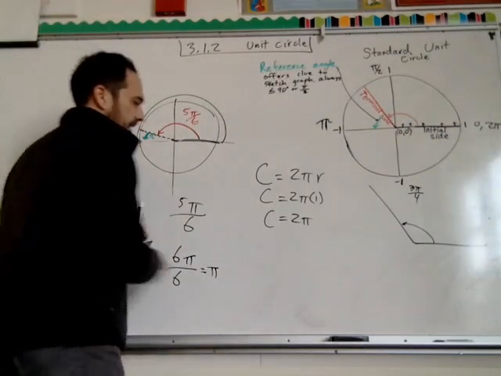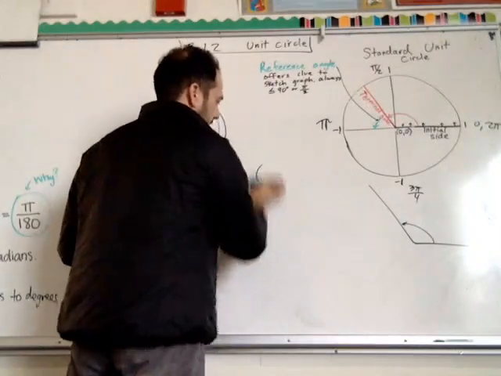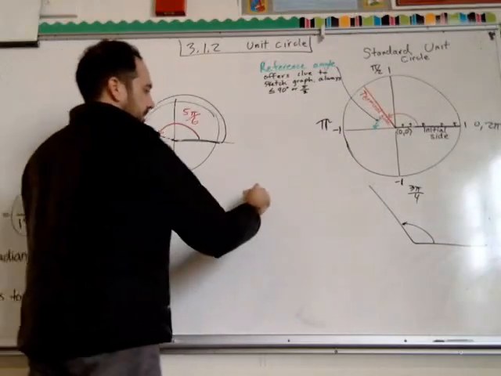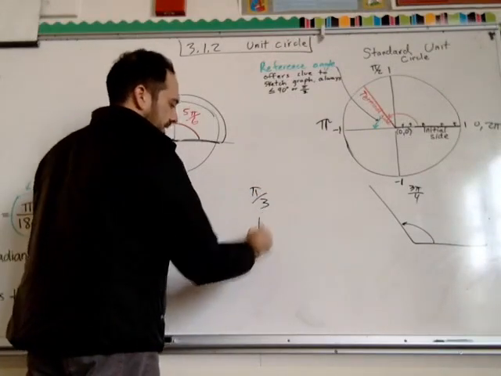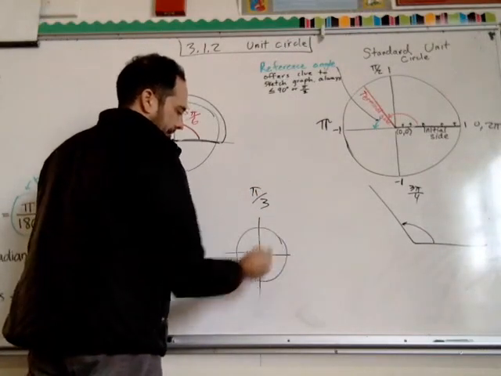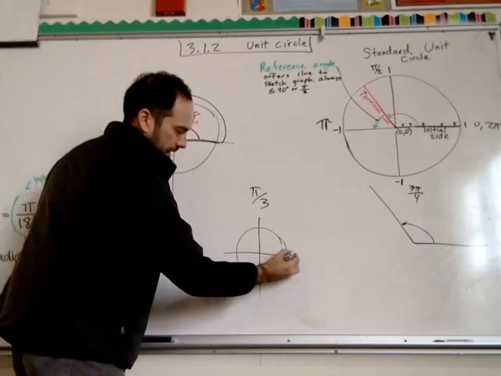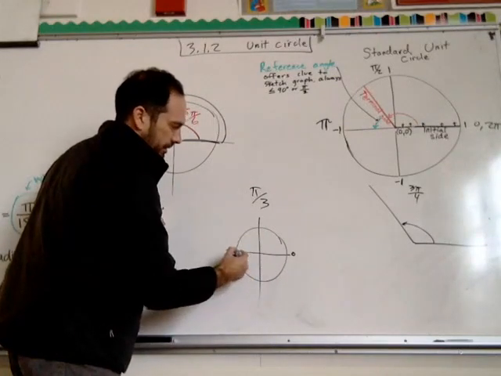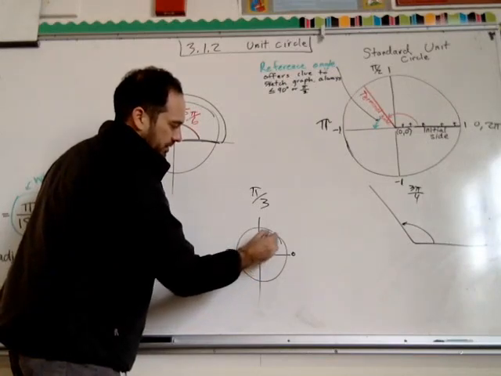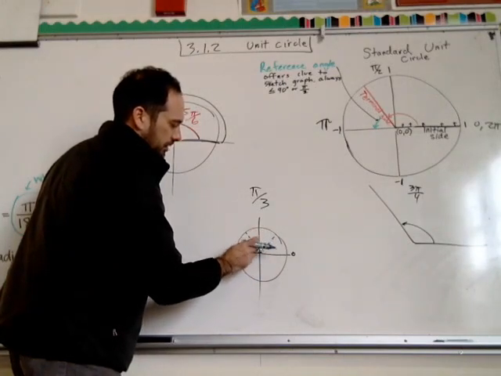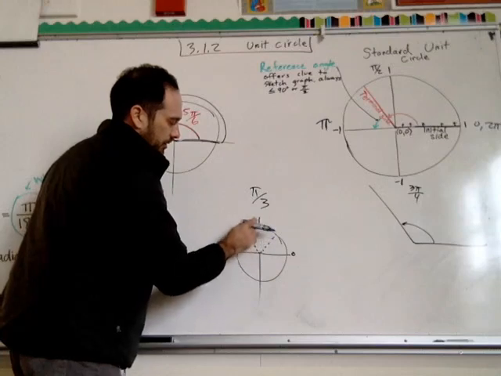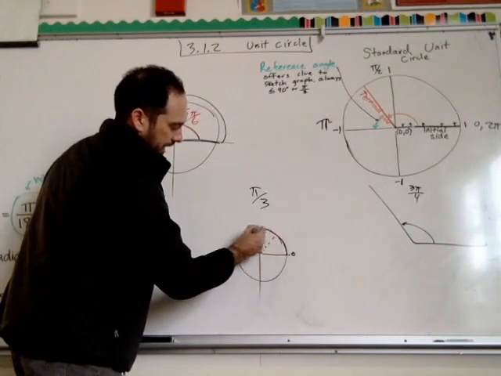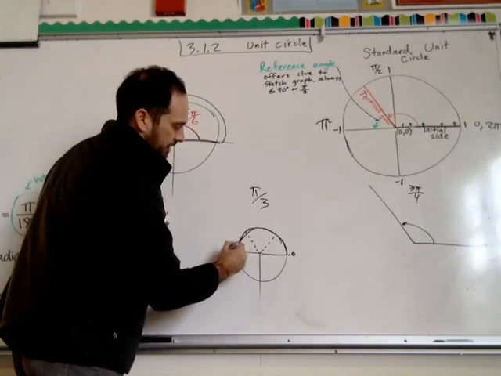It's kind of hard to graph 5 pi over 6. If it was something a little easier, like pi over 3, my strategy would be to look at, okay, here's 0, here's pi. If we go half of a circle, we get to pi. Half of a circle is equal to pi radian measures.